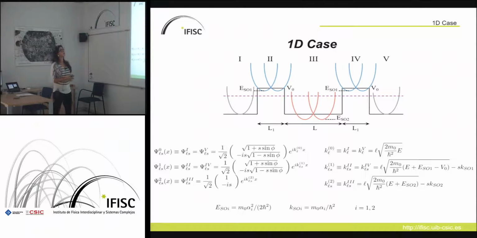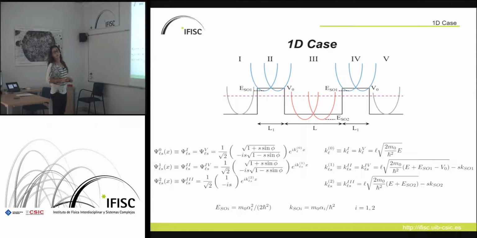Then we start by speaking about the one-dimensional case. In this case, it is easy to see that our double QPC is like a double barrier with a quantum well between the two barriers. Here we have also plotted the energy bands in the reservoirs.